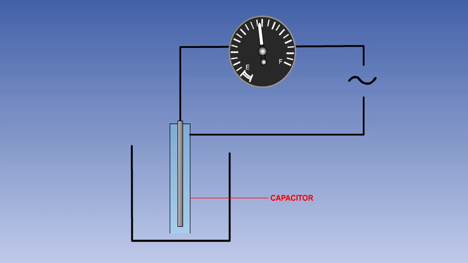The current that flows in the circuit now depends on four factors: the level of the voltage applied, the frequency of the supply, the size of the plates, and the dielectric constant of the material separating the plates. In our circuit, three of these factors are fixed, and the fourth, the dielectric constant, is variable because the dielectric consists of fuel and air.